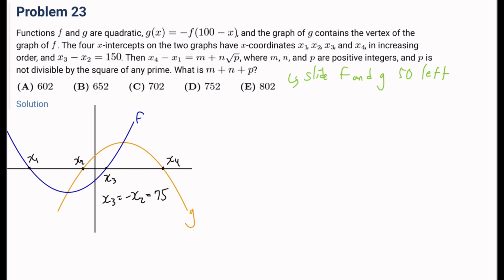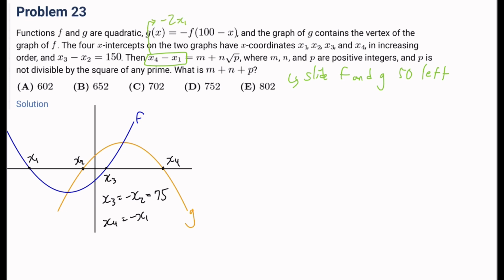And so x3 is 75 and x2 is negative 75. And here also, since it's symmetrical now, x4 equals negative x1. And since we want x4 minus x1, this is just going to be equal to minus 2x1.